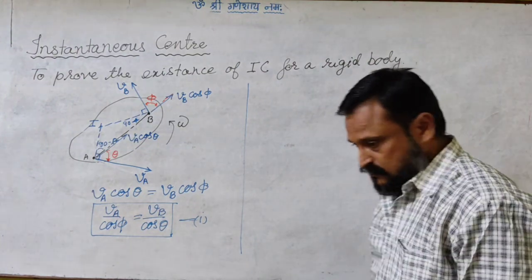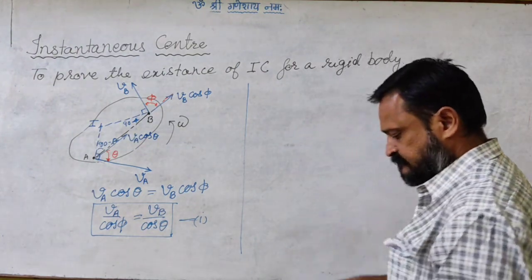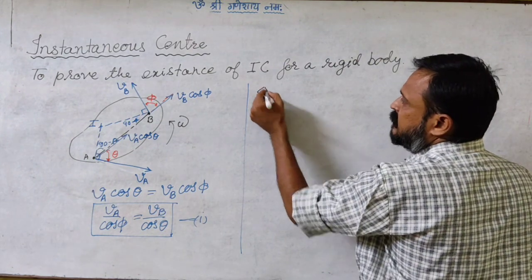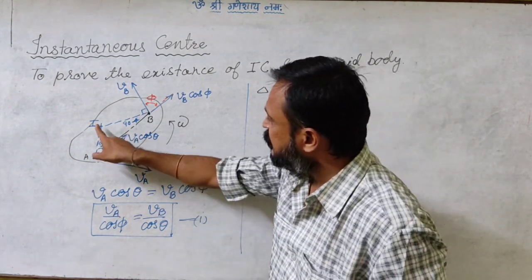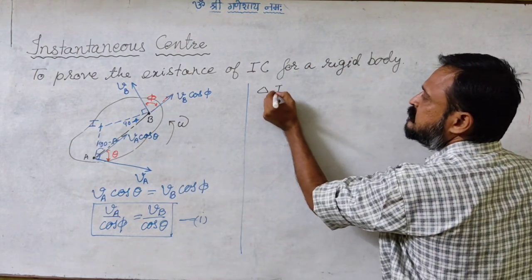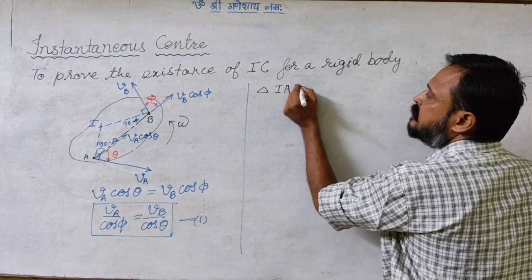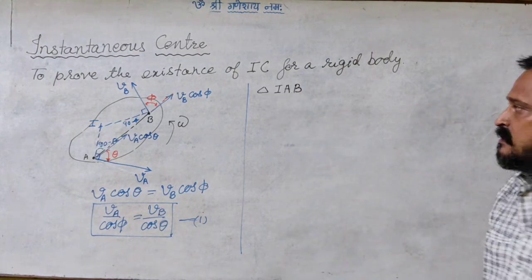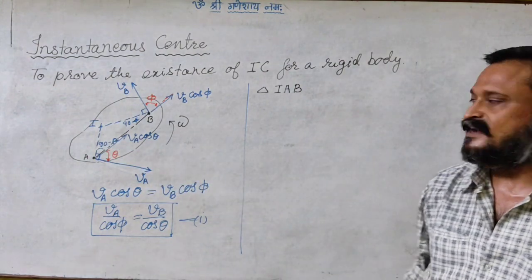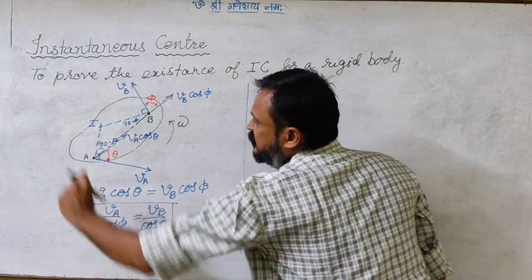Now I consider triangle IAB. When we apply the sine law to this triangle, what do we get?